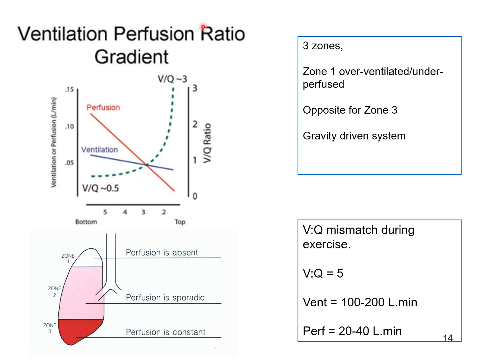So we end up with a resulting VQ of around 2.4. So approximately 90% of the air is moved into the blood. However, in the lower regions of the lung, the alveolar ventilation is moderately increased, but blood flow is greatly increased since, as we said before, it's gravity dependent.